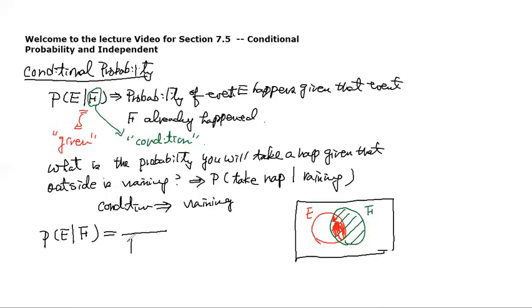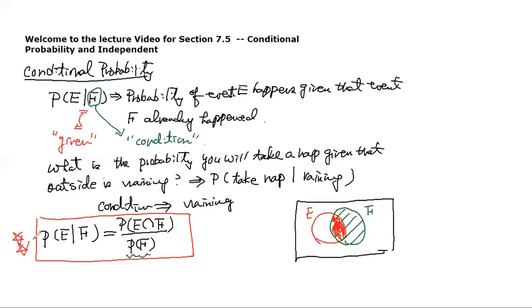So your formula has P of F in the denominator. And this red spot is what we have been very familiar with, the E intersection F. Under F, what happens to E will just be this little section, and this little section is E intersection F. So this is how we define our conditional probability.